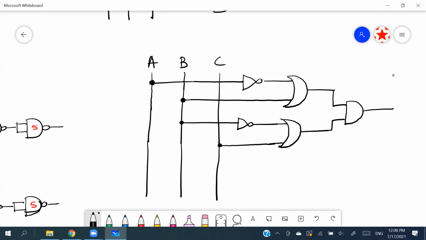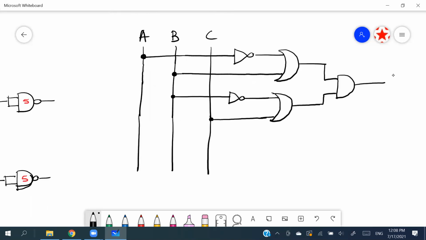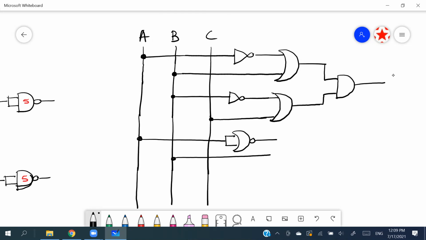Right, so A bar, when we are trying to draw this using NOR gates, this is how A bar is created. And this is how A bar plus B is created. So this is the way.